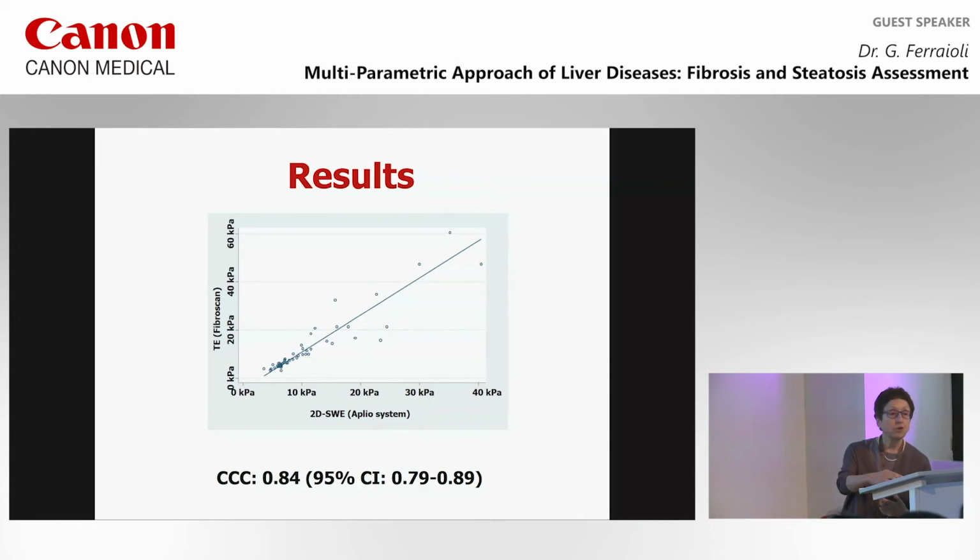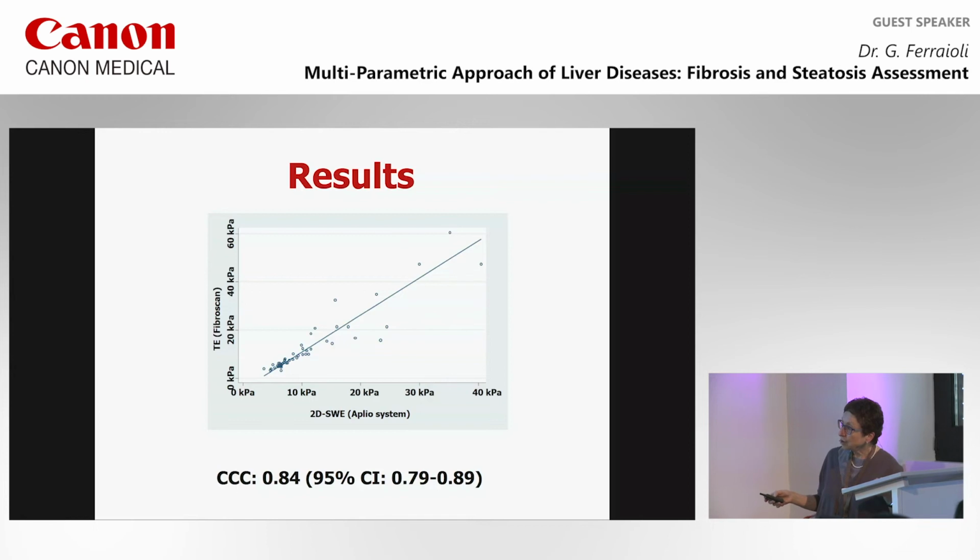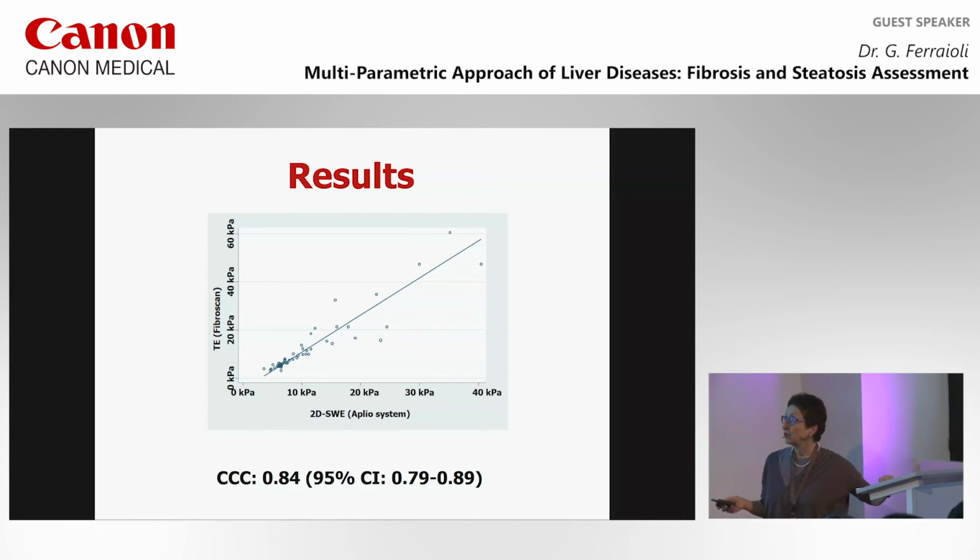And the concordance was an excellent one, 0.85. And I want to underline the concordance at this stage up to 12 kilopascal. That is the cutoff value for liver cirrhosis.